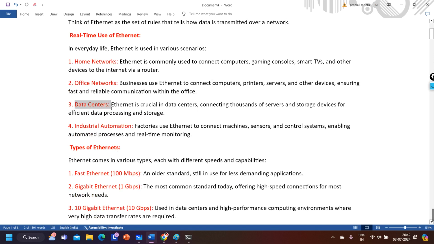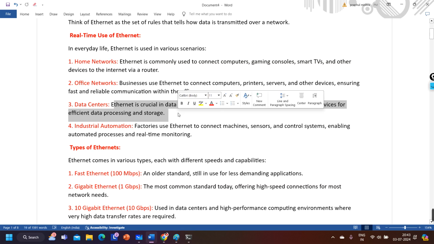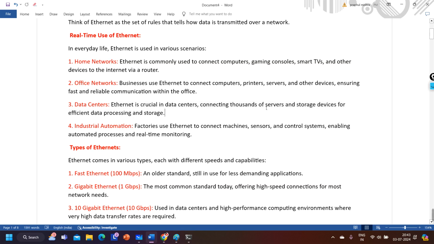Then in the data center and big enterprise companies. Why in the data center? Ethernet is crucial in a data center, connecting thousands of servers and storage devices for efficient data processing and storage. So guys, see, thousands of servers in one data center.